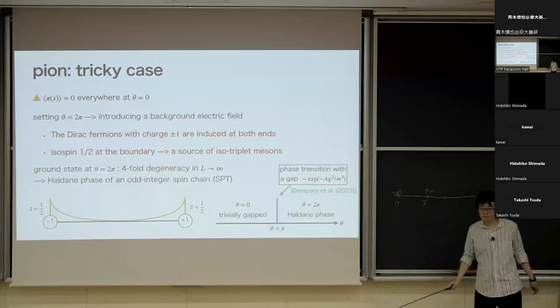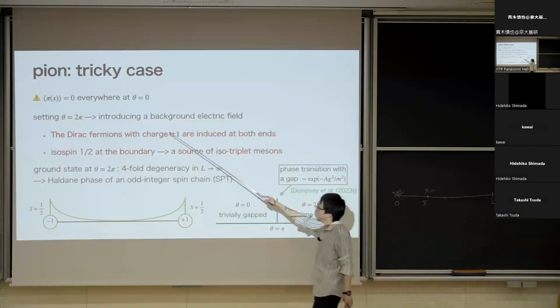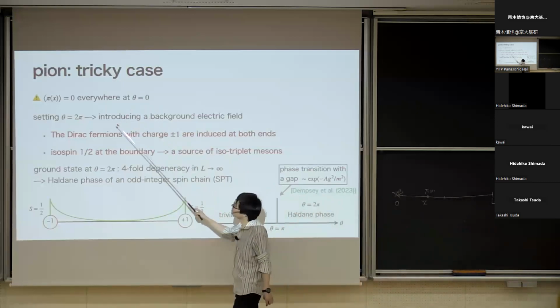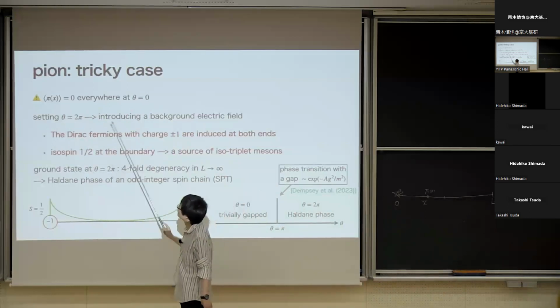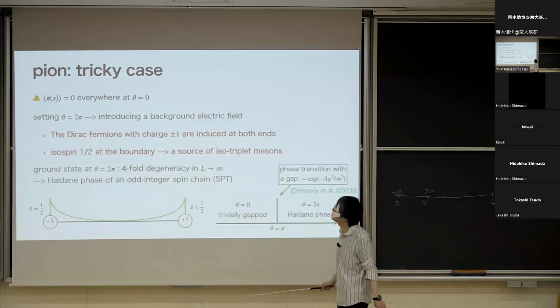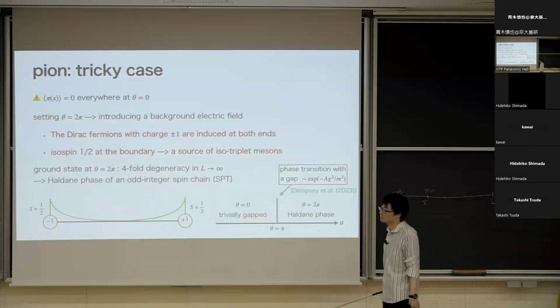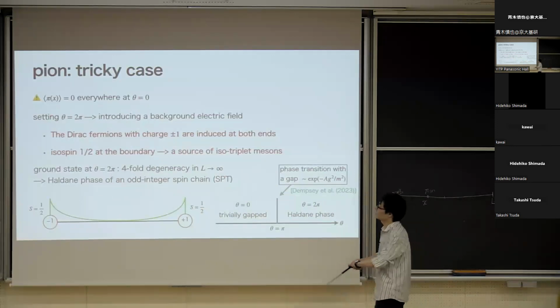Excuse me, why is the one-point function of the pion equal to 0 at theta equals 0? Maybe it's related to the isospin symmetry of the theta 0 value. Oh, I see. Is there any contradiction with your understanding that a one-point function is equal to a two-point function with an operator and something?